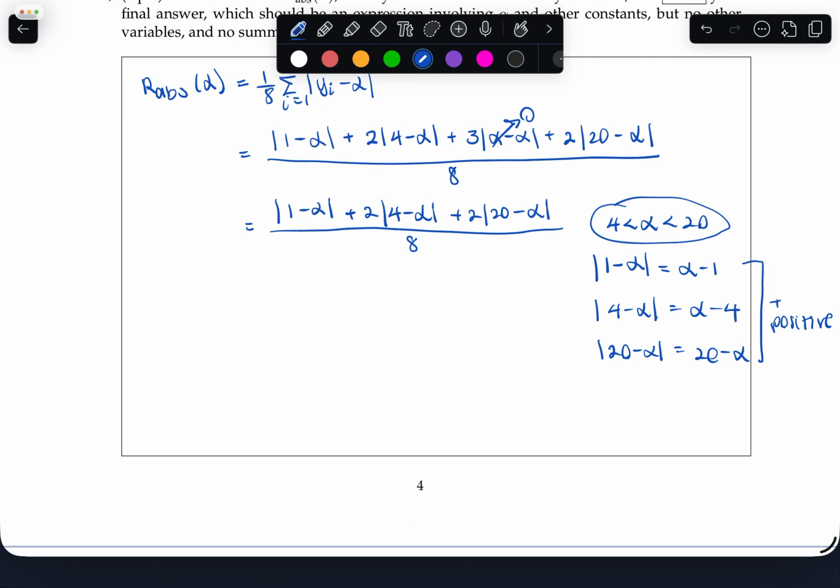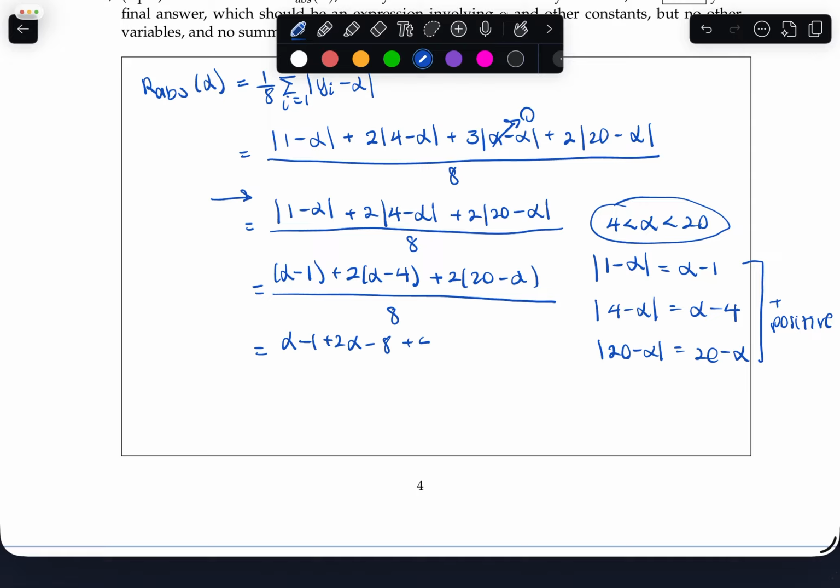So substituting this back into the numerator, we get alpha minus 1 plus 2 times alpha minus 4 plus 2 times 20 minus alpha, over 8. And expanding the terms, we get alpha minus 1 plus 2 alpha minus 8 plus 40 minus 2 alpha over 8, and we can simplify the terms.